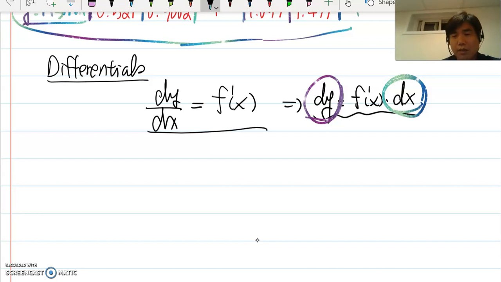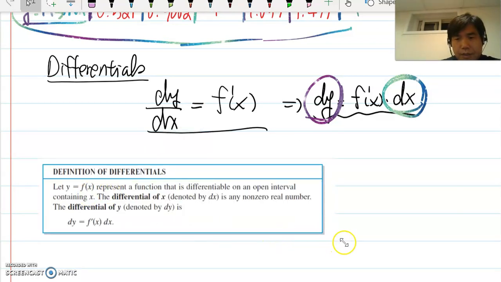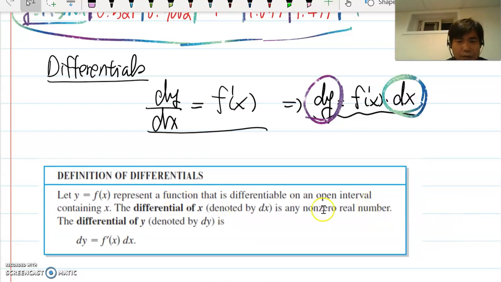So that's the differential. Look at this table: let y equal f of x represent a function that is differentiable on an open interval containing x. Then we can find dy equals f prime x times dx. So let's look at one question and discuss one example problem.